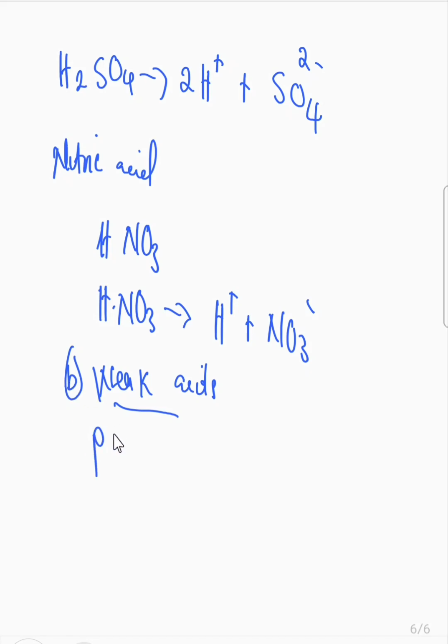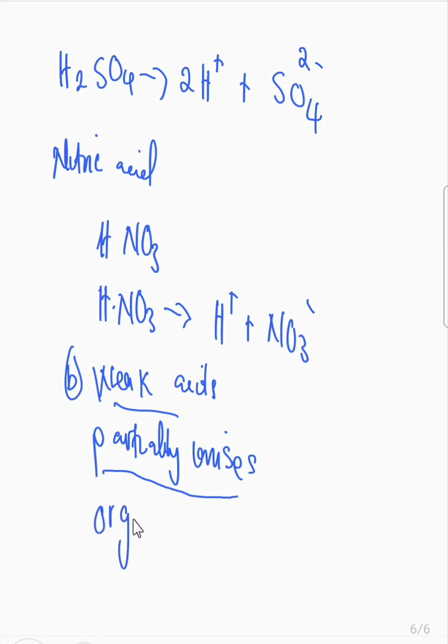They partially ionize when dissolved in aqueous solution. Common examples are the organic acids. All organic acids are good examples of weak acid.